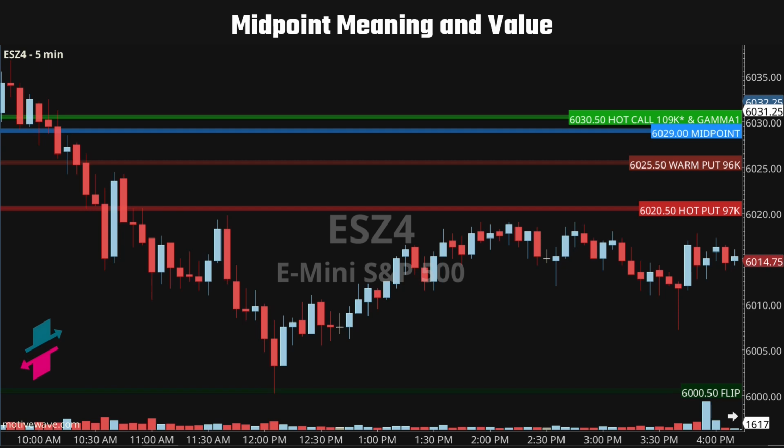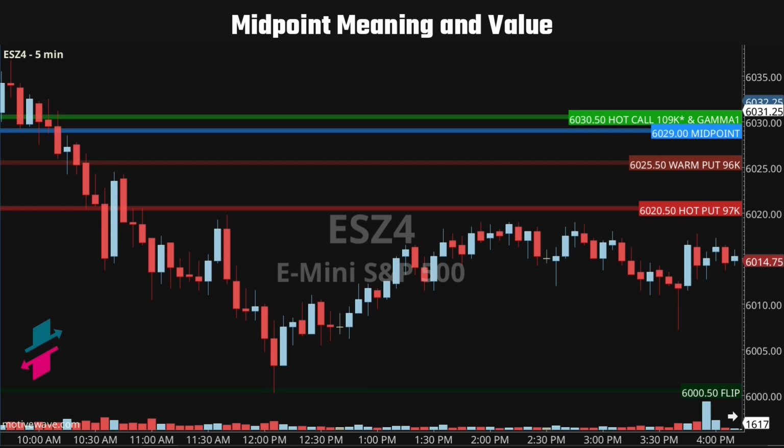And often it gets pinned close to the midpoint level, especially where there's some convergence, right? So more often than not, you'll see the midpoint converge with things like the point of control and VWAP, which makes it even more actionable.